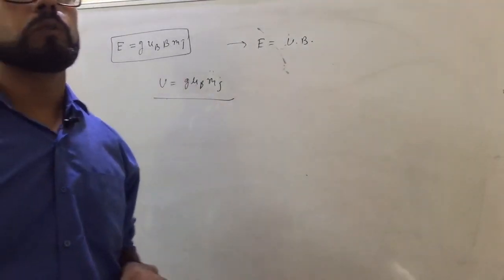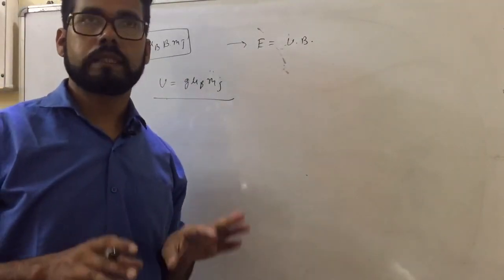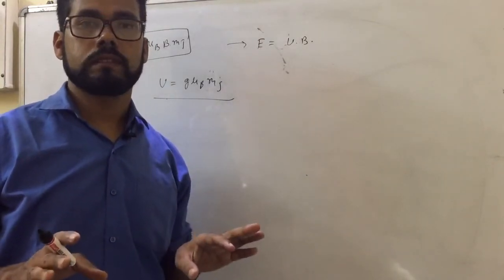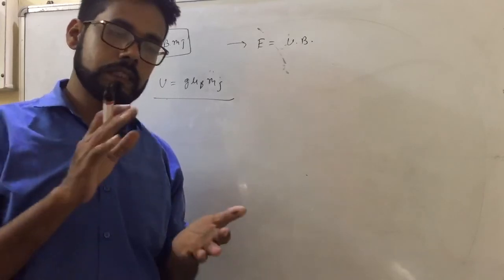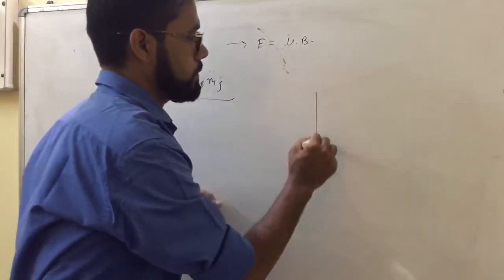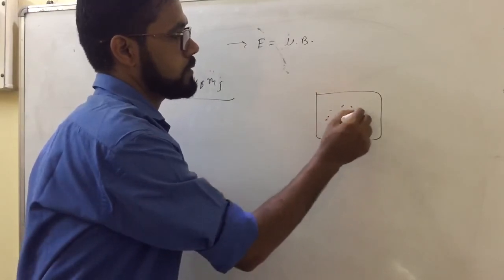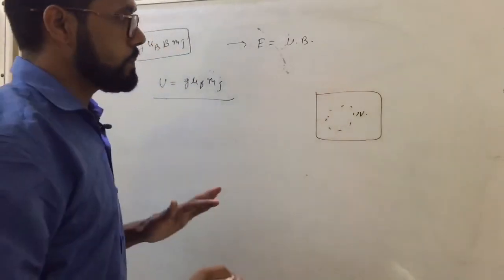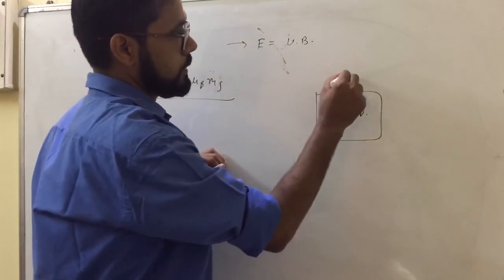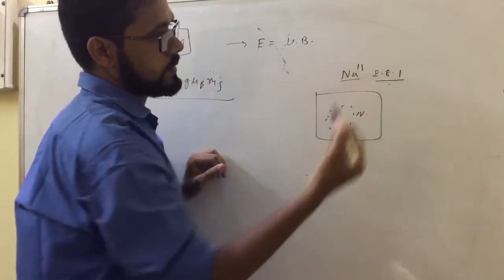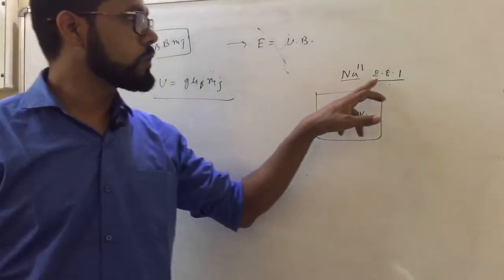Now, what do we mean by paramagnetic behavior? It occurs only if there is an unpaired electron. Suppose we consider a system of n particles. Take sodium, atomic number 11, with configuration 2, 8, 1.